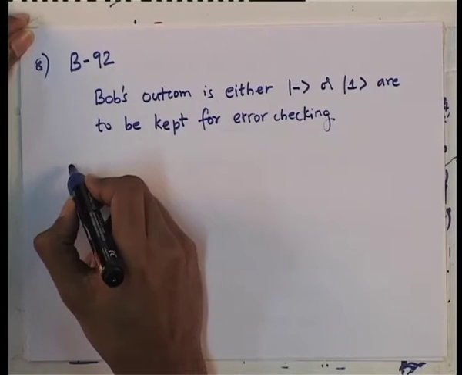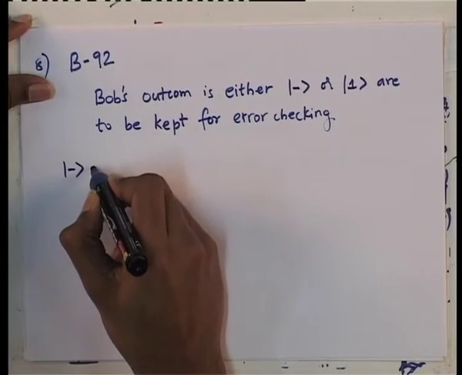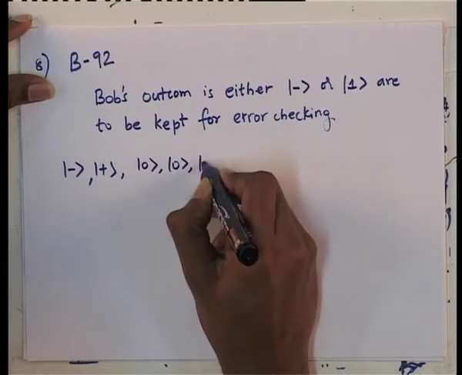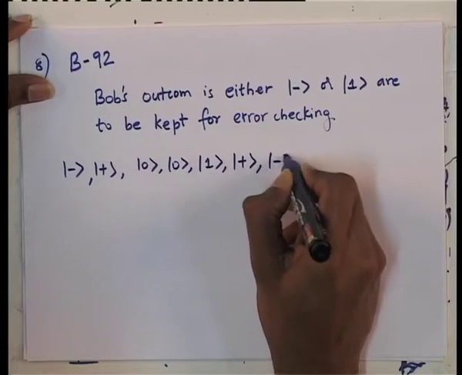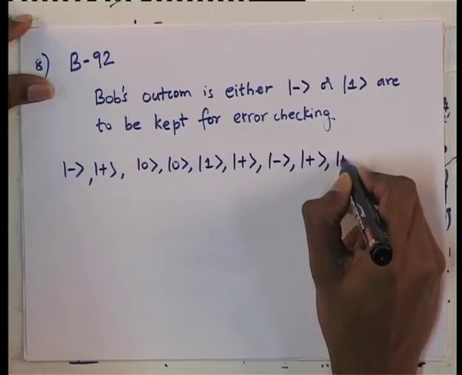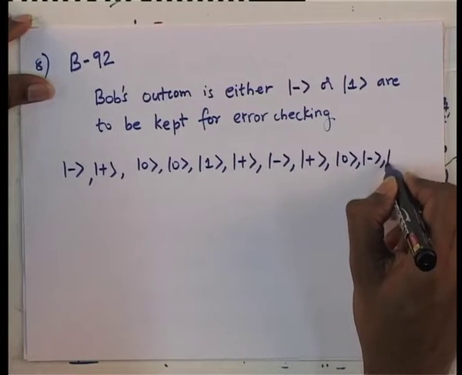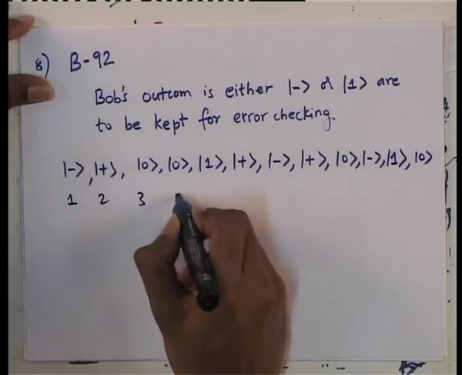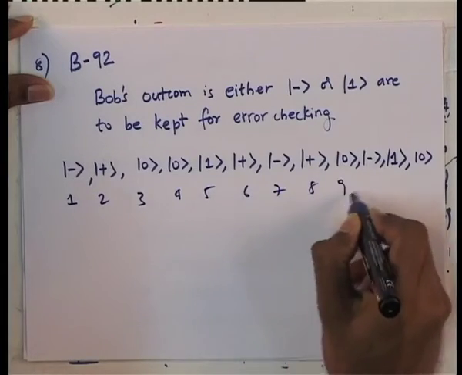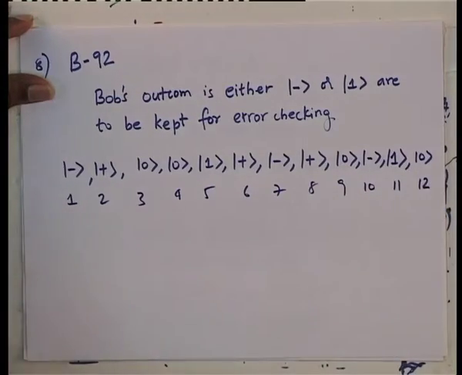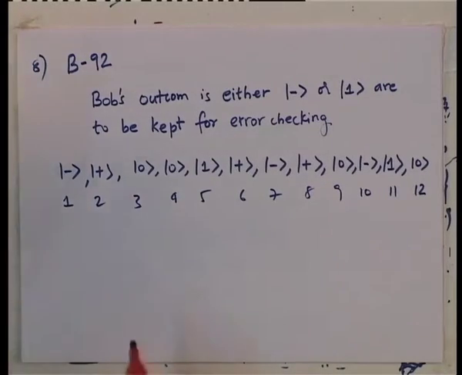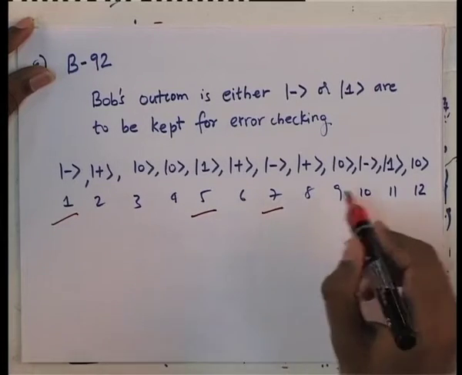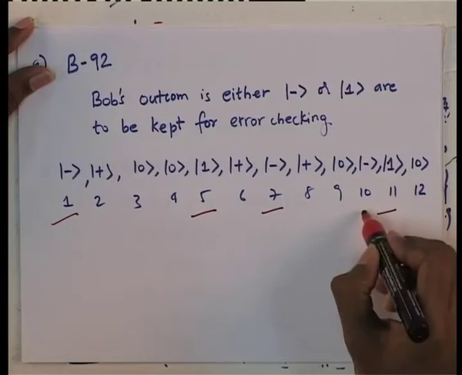So, writing the qubits obtained by Bob: minus, plus, 0, 0, 1, plus, minus, plus, 0, minus, 1, 0, and numbering them 1 2 3 4 5 6 7 8 9 10 11 12, we obtain minus here and 1 here and a minus and a 1 and a minus here.